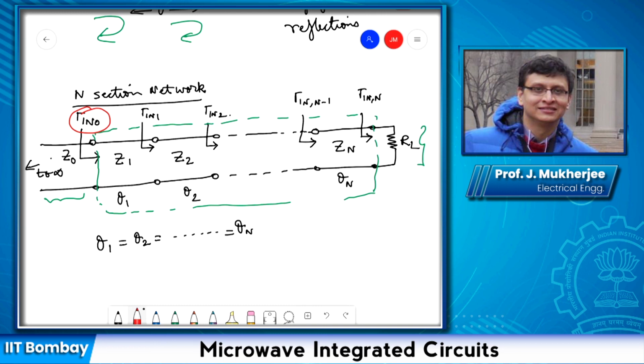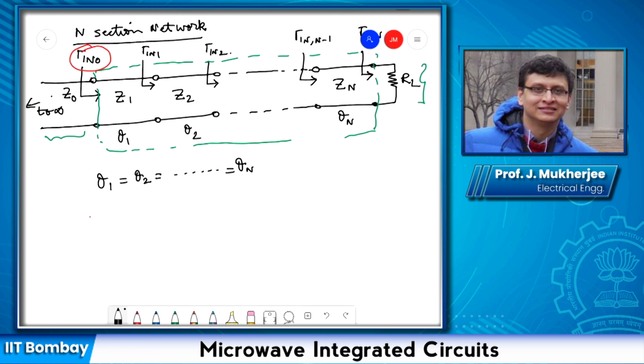The overall input reflection coefficient starting from here is equal to gamma in 0, which should be equal to gamma 1 0 plus gamma in 1 e raised to minus j 2 theta.